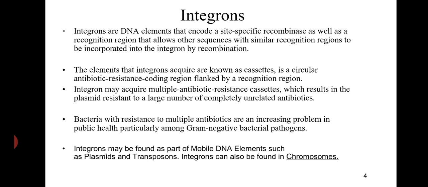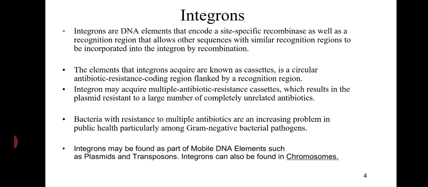It also has a recognition site, which is nothing but the attI site, that we'll discuss with the help of a figure later. So integrons mainly have the site-specific recombinase enzyme first, and second, a recognition region.